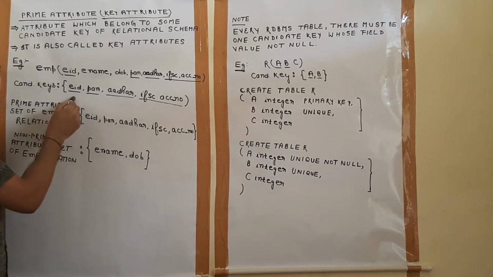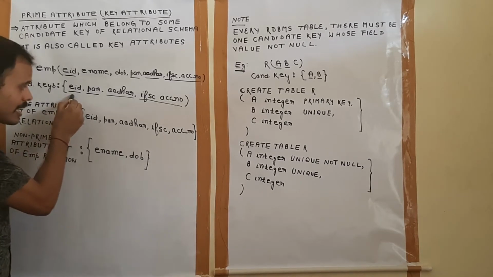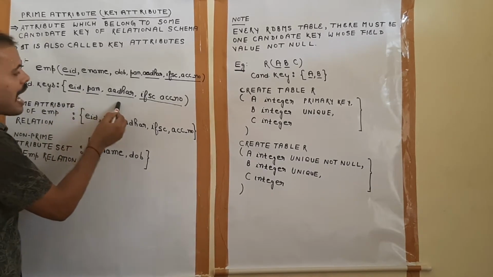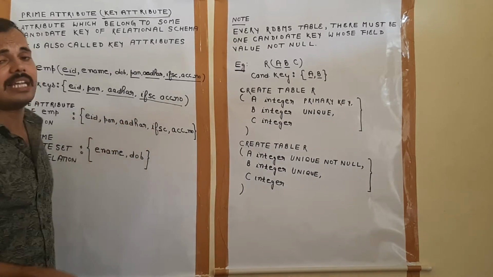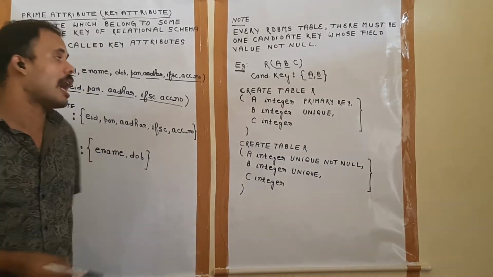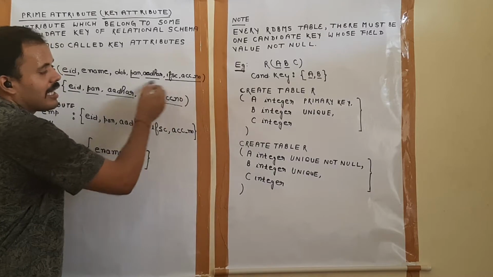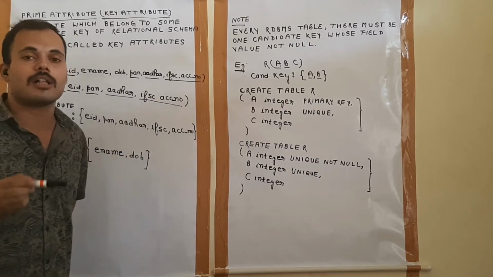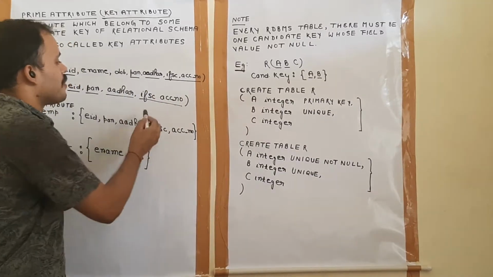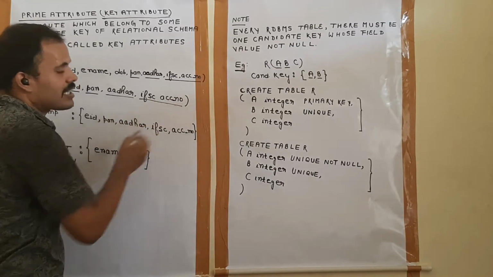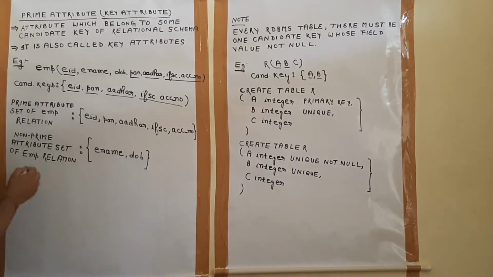EID is an attribute which belongs to a candidate key. PAN, Aadhaar, IFSC are also attributes which belong to a candidate key. Account number is also an attribute which belongs to a candidate key. Understood?